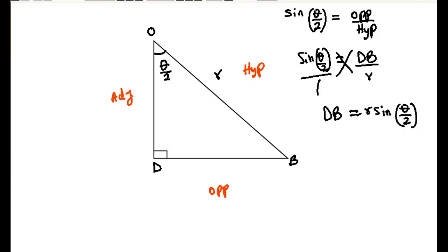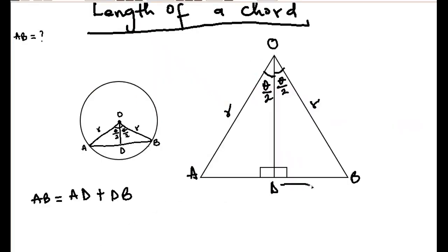Like I told you, if we've gotten DB, then we've also gotten AD, because they are the same. Therefore AB, which is the length of the chord, is now equal to AD plus BD. AD is the same thing as DB.